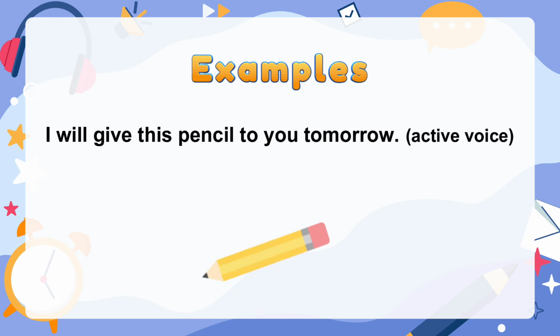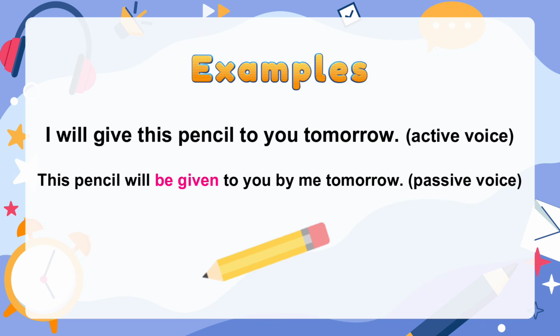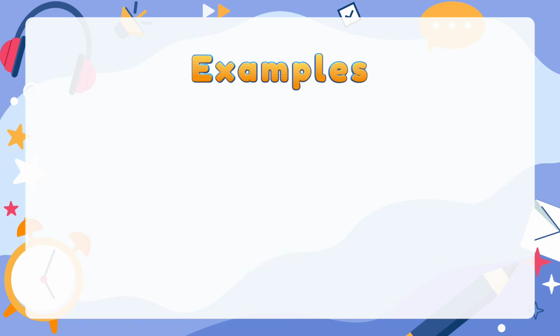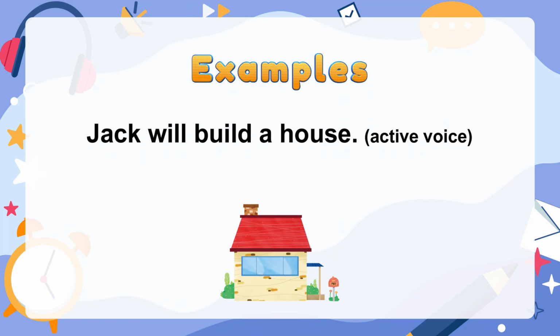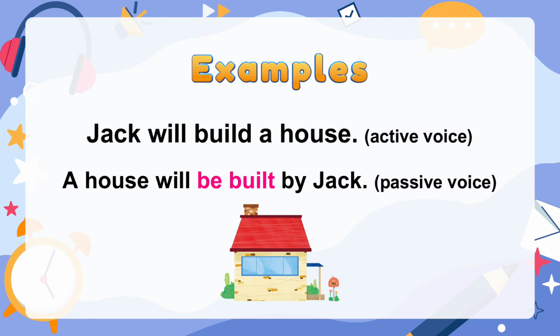Active voice. I will give this pencil to you tomorrow. Passive voice. This pencil will be given to you by me tomorrow. Active voice. Jack will build a house. Passive voice. A house will be built by Jack.